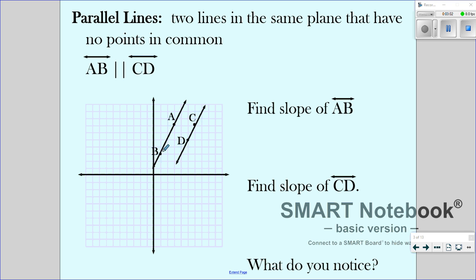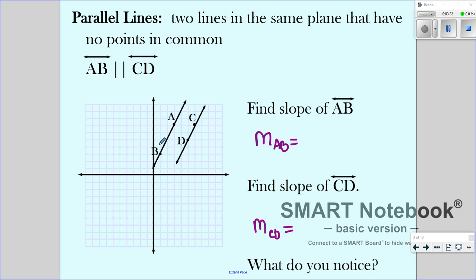You could take the two points, A and B, and then use m equals y2 minus y1 over x2 minus x1. But when it comes to a graph, all we need to do is find rise over run. So for the slope of AB, I'm going to put M_AB, so that I can distinguish between these two. This would be CD.